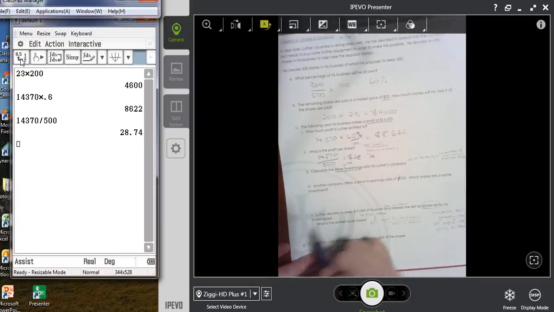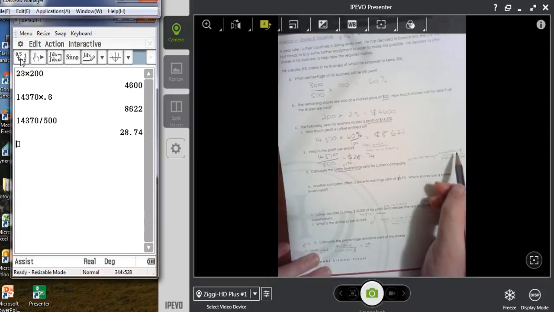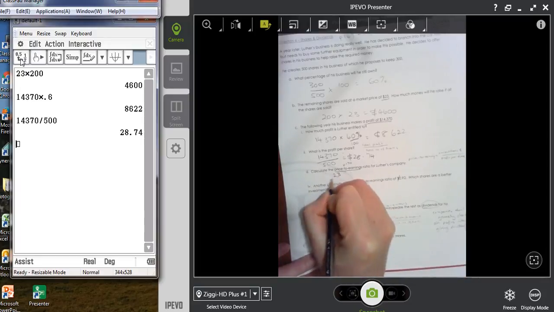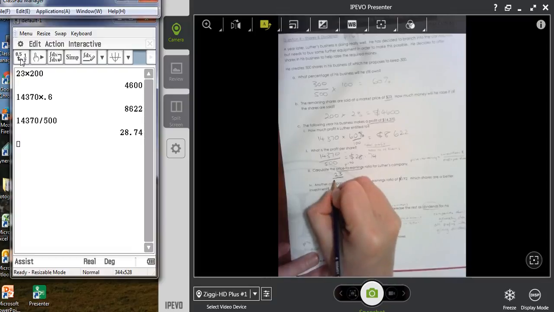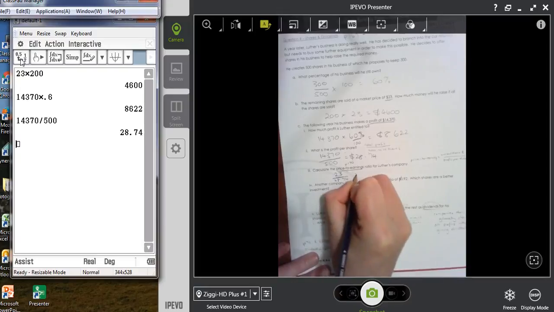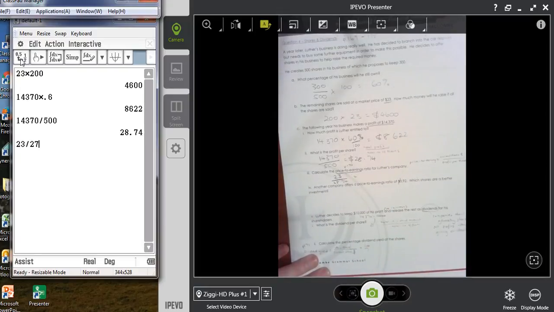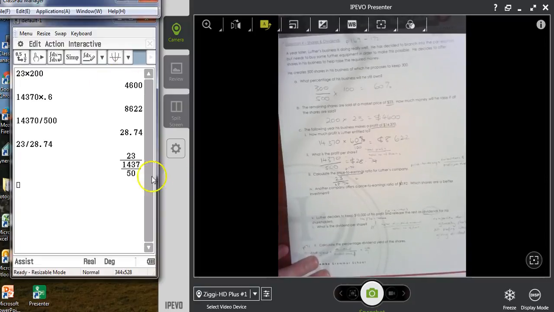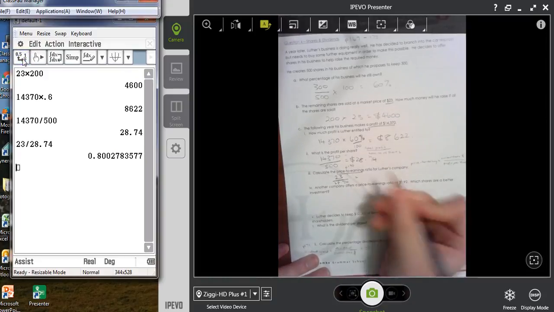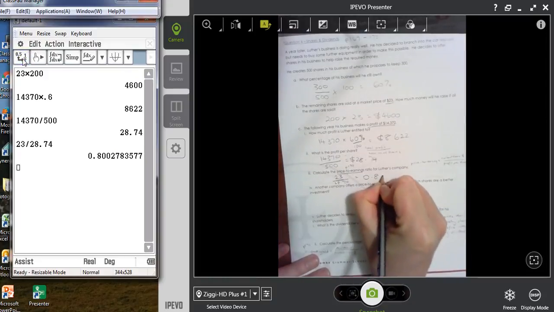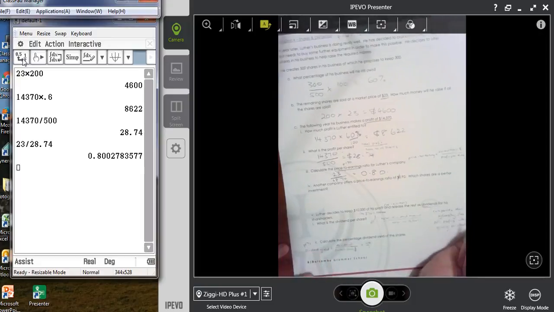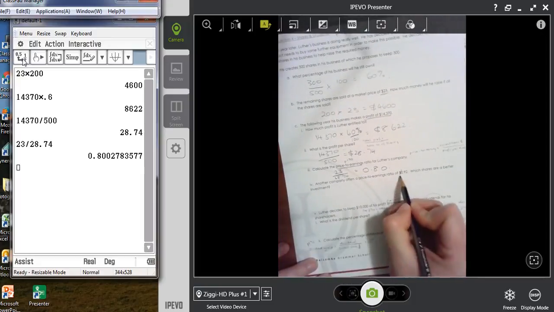To calculate your price to earnings, you take the current share price, which we'll assume hasn't changed, and divide it by the amount of profit. Which gives us a ratio of 0.80. Another company offers this.